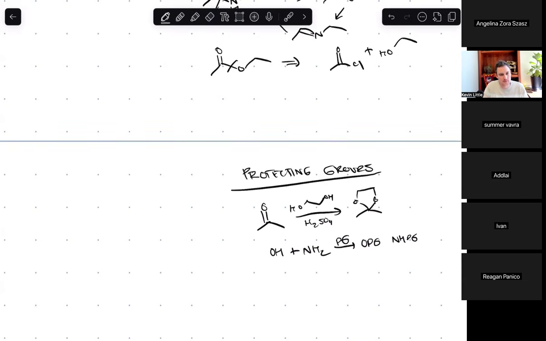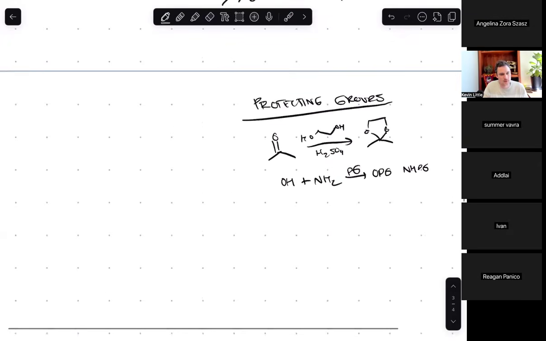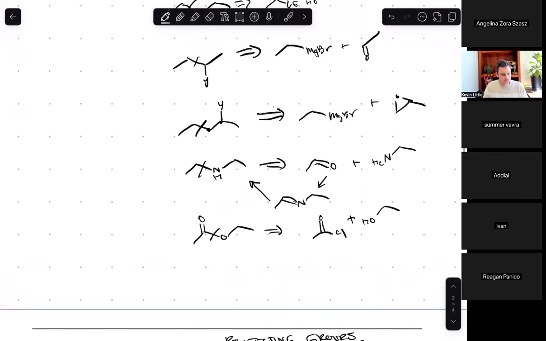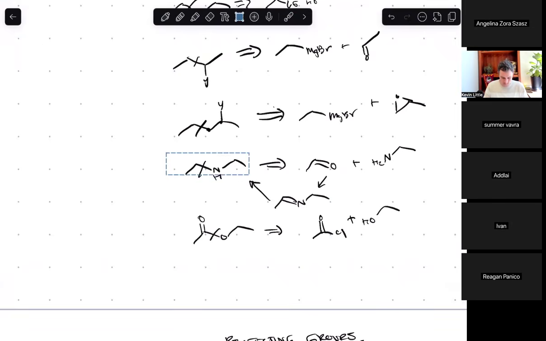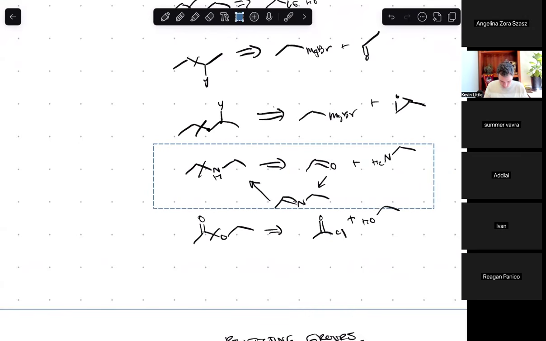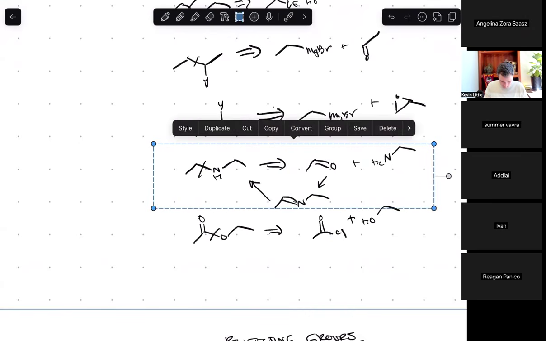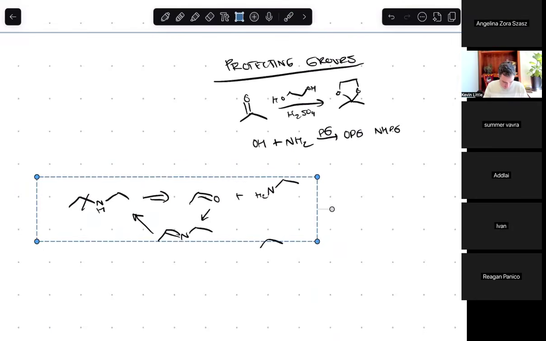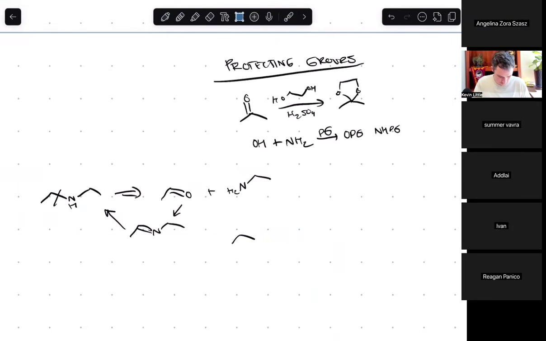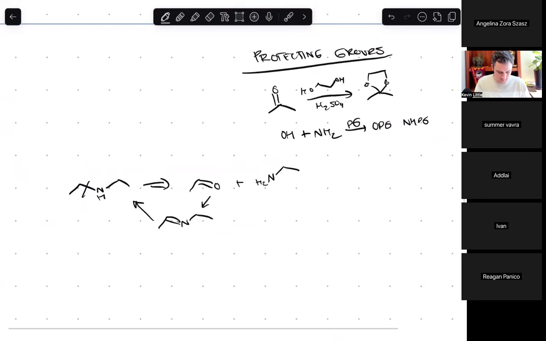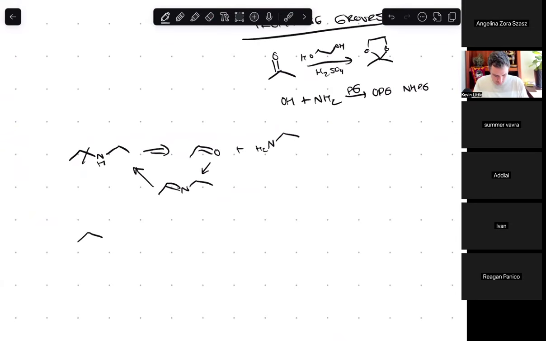So someone's asking about the example, so we'll do this exact example. An example of this, right? What's actually going on here? The mechanism. So let's talk about the mechanism.